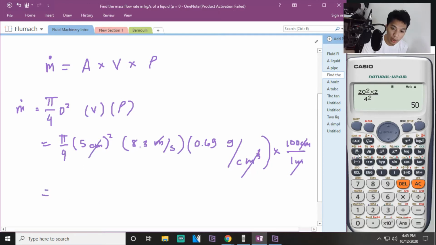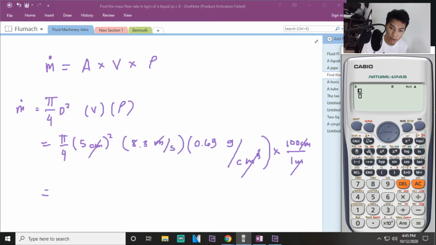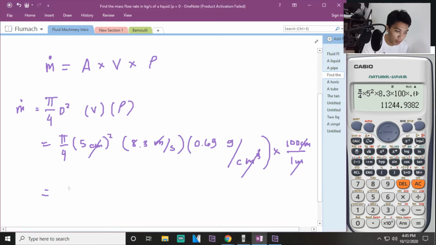So sa calculator, isolve na natin. If pi over 4 times 5 squared times 8.3 times 100 times 0.69. The answer will be 11,244.9382 gram per second.